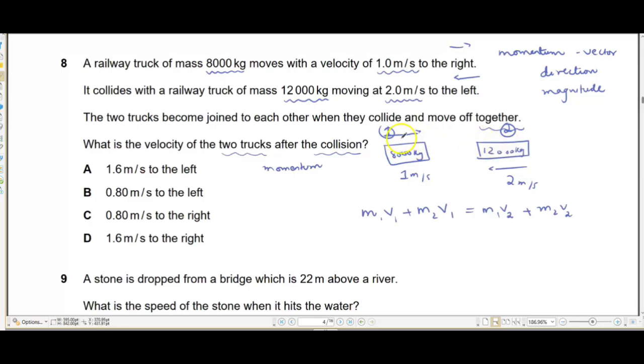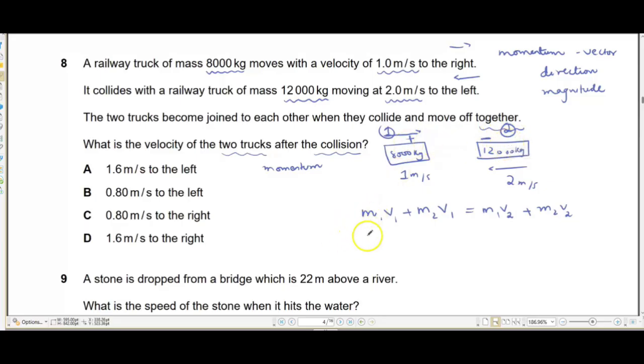It is up to you whether you take the velocity of the first truck to be positive or that of the second truck. One of them has to be negative. So let's take the velocity of this truck to be positive and the velocity of this truck to be negative, just to make sure that we have cleared the fact that they are moving in the opposite direction.